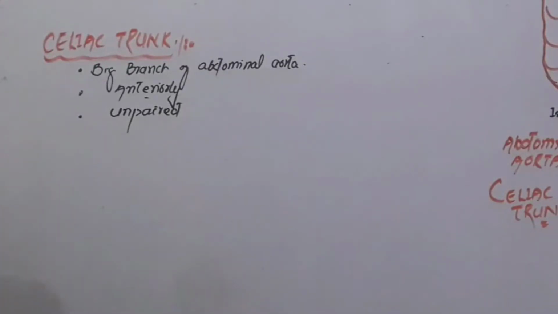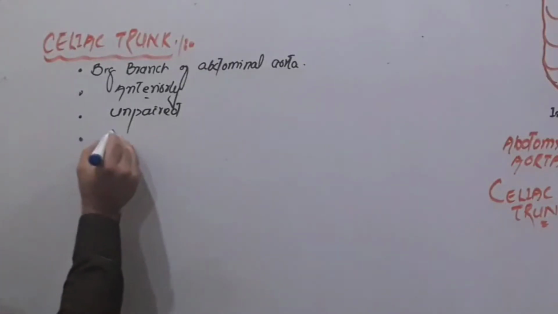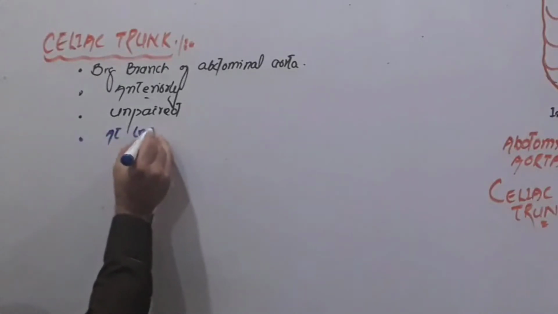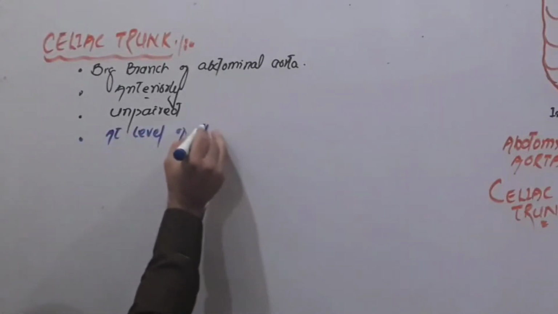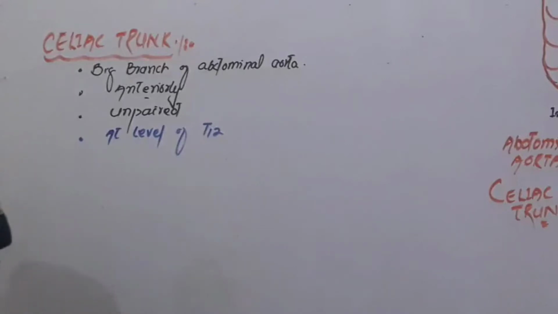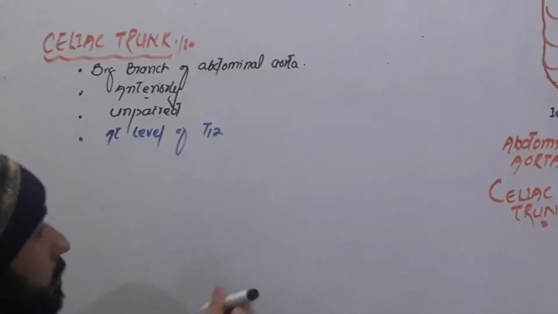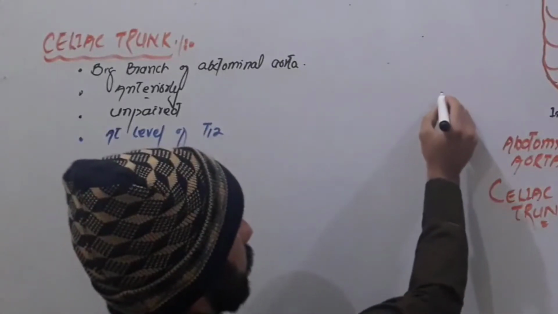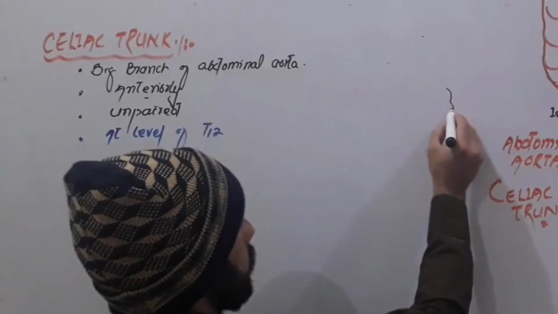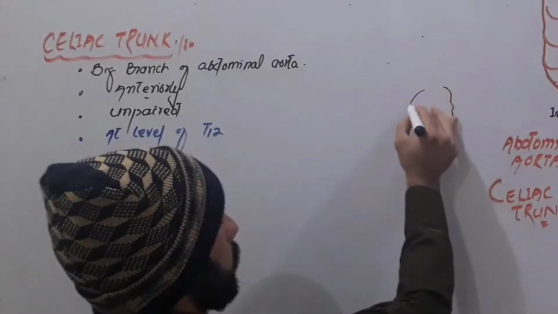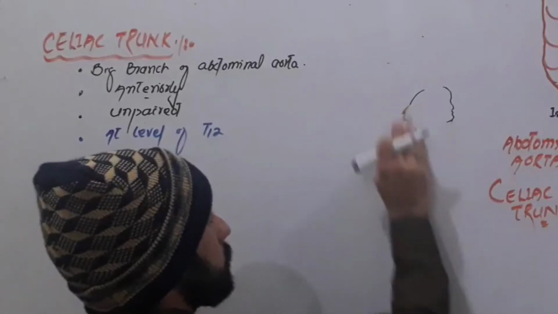It is one artery which arises from that, right? And friends, it arises at the level of T12 vertebra. So if I draw a very simplified diagram, here is a person standing.